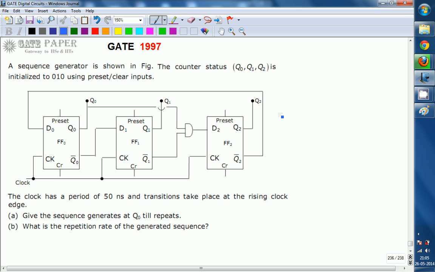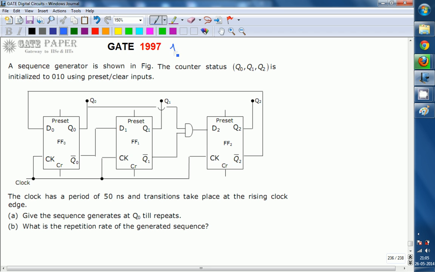For this diagram, first of all we should know that it is using D flip-flops. The output of a D flip-flop, that is, the next state, is nothing but the input present at that instant.